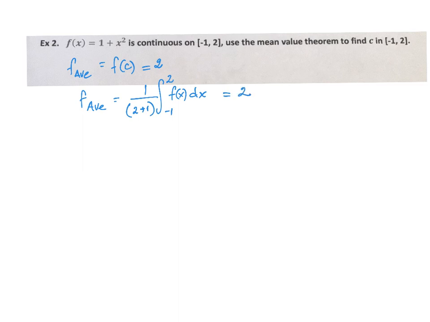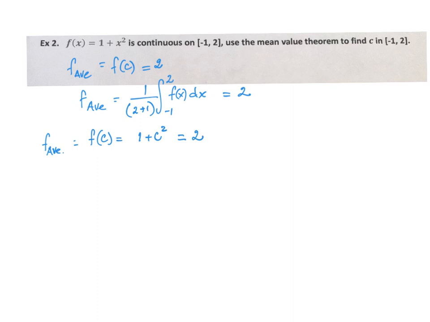Now we want to set f of c equal to 1 plus c squared, substituting c into our function, and f average, or f of c, equals 2.